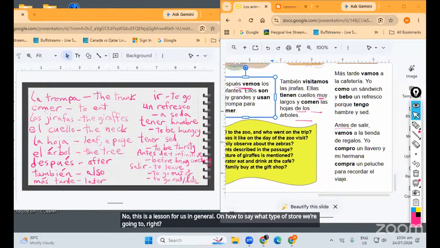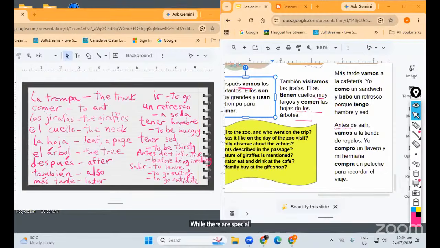Because while there are special words, for instance, there's carnicería for butchers. There's joyería for jewelry store, right?